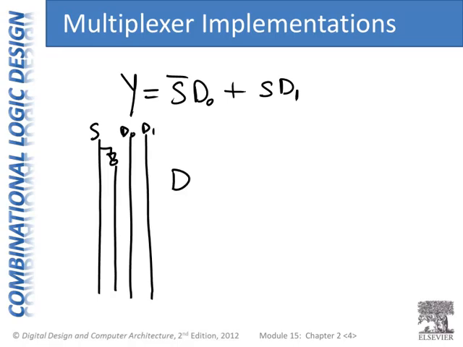We have two AND gates to make our product terms, followed by our OR gate. We have S bar and D0, or S and D1.